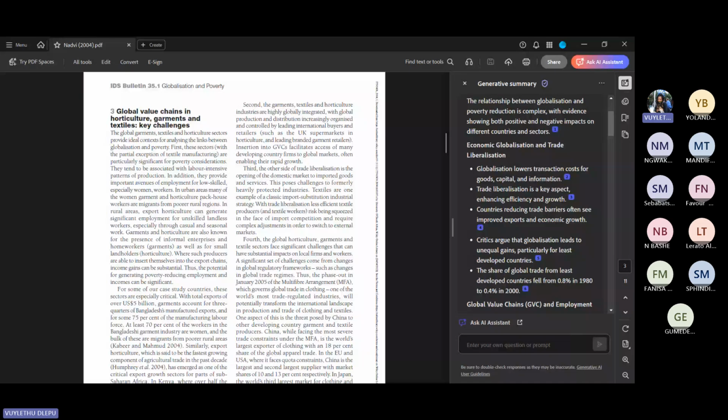Okay, let's now look for the challenges, right? Within the article, outline the challenges posed by the global food industry towards development.